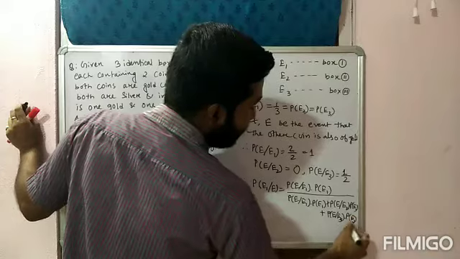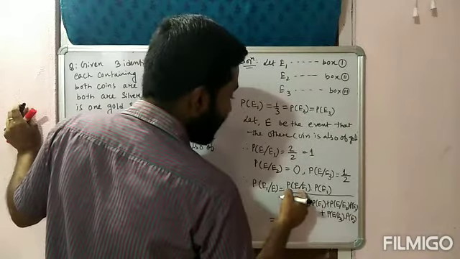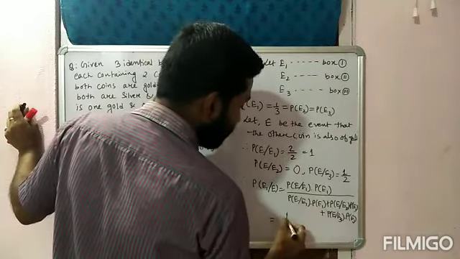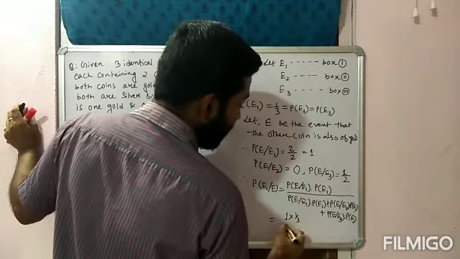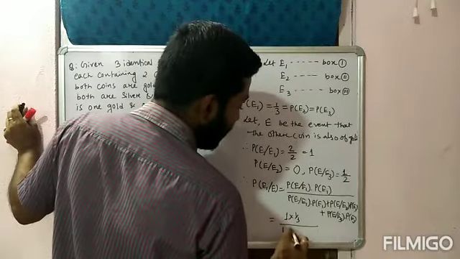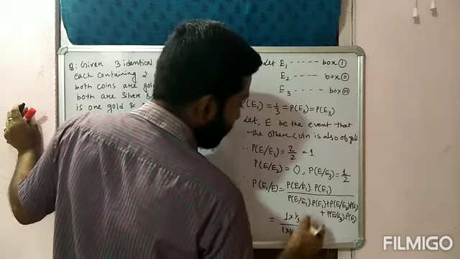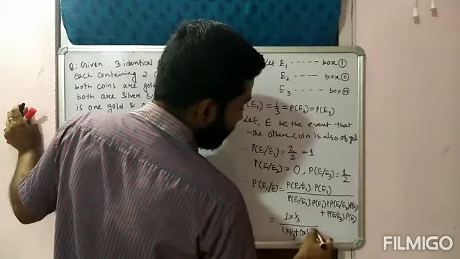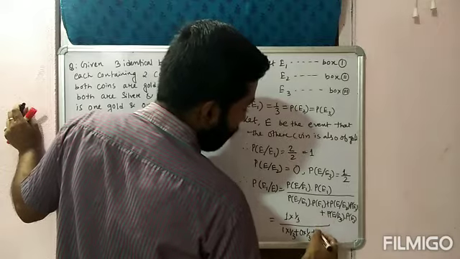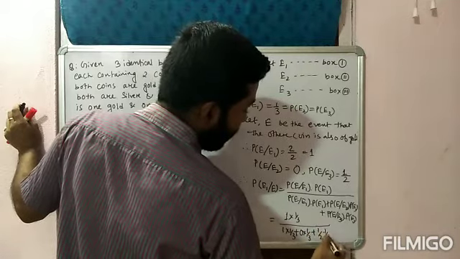Okay, since there are 3 events, put the values. E slash E1, that is 1, into probability of E1 is 1 by 3, divided by 1 into 1 by 3 plus 0 into 1 by 3 plus 1 by 2 into 1 by 3.